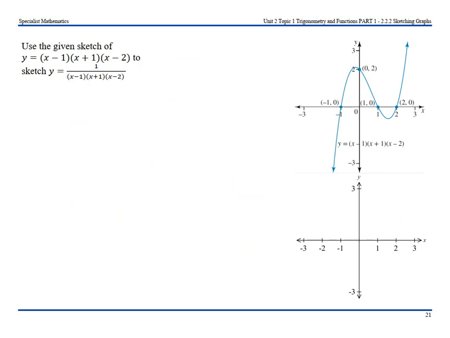Let's look at the reciprocal of a cubic. So we've got y equals x minus 2, x plus 1, x minus 2, and we're given the sketch. So first of all, you can see these x intercepts, which are my asymptotes. So I'm going to put those in straight away.